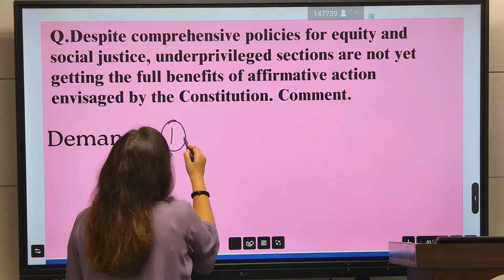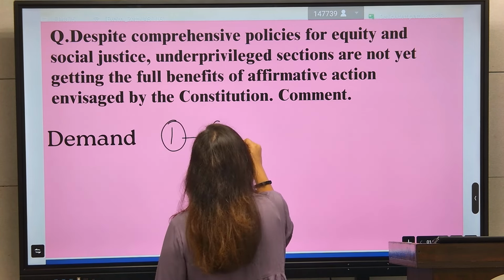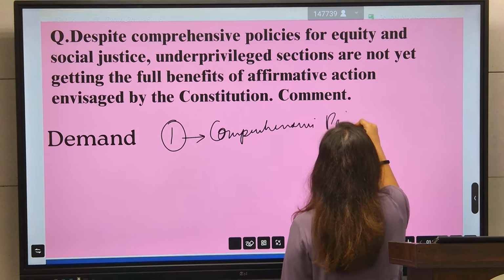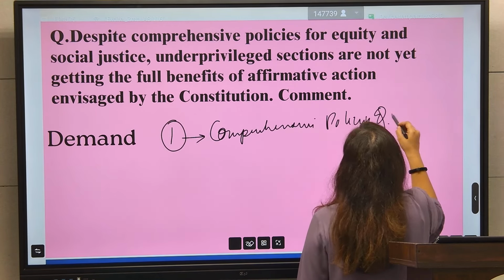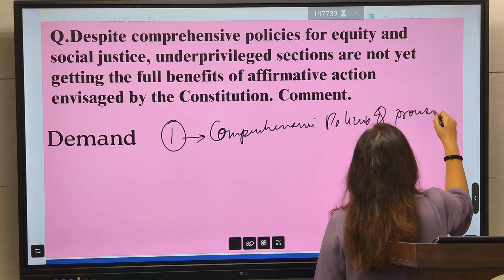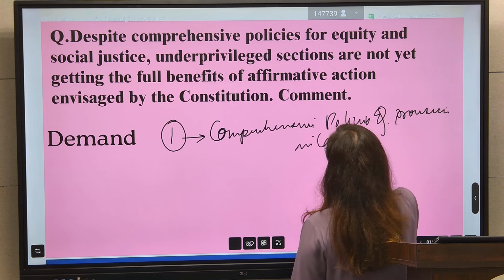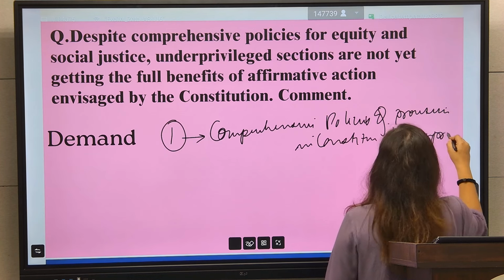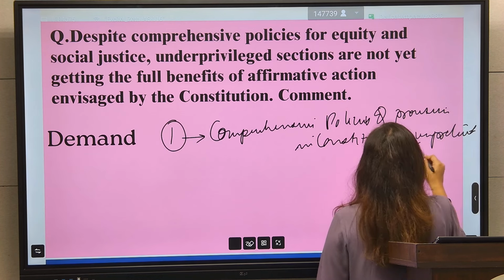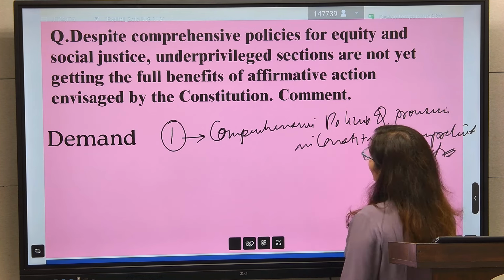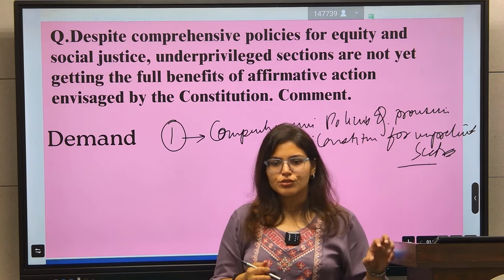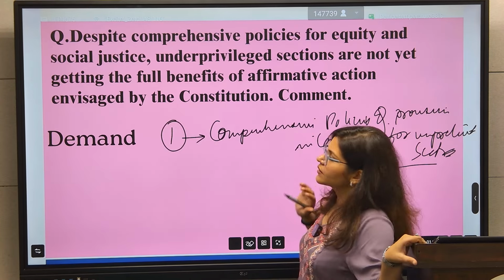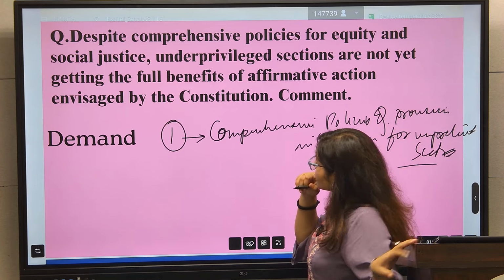The first part is about comprehensive policies and provisions in the Constitution for underprivileged sections. So you have to know about the different policies and constitutional provisions for underprivileged sections which were given by the government and Constitution.